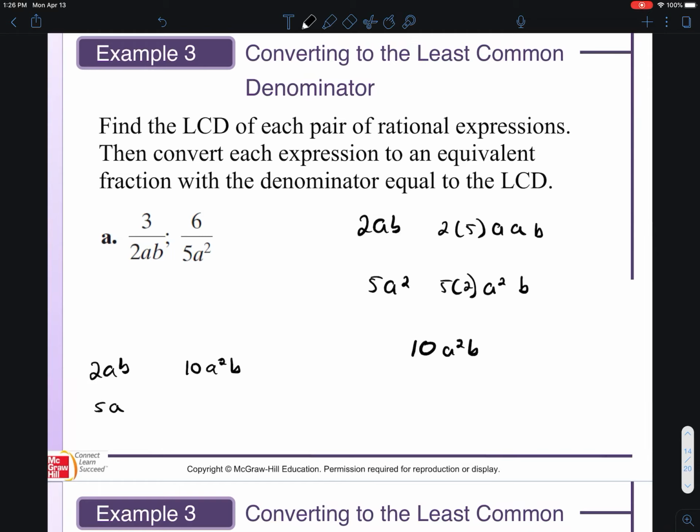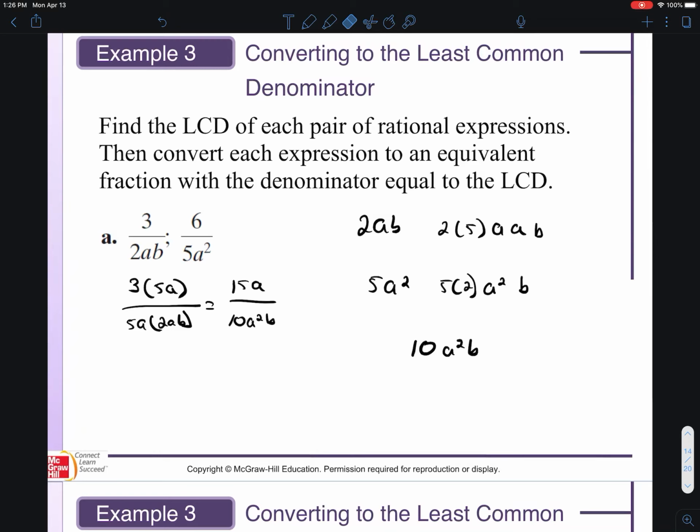So 5a will give me my 10a squared b. So then I multiply the top one by 5a, and then I multiply also my denominator by 5a, which will give me 15a over my 10a squared b.